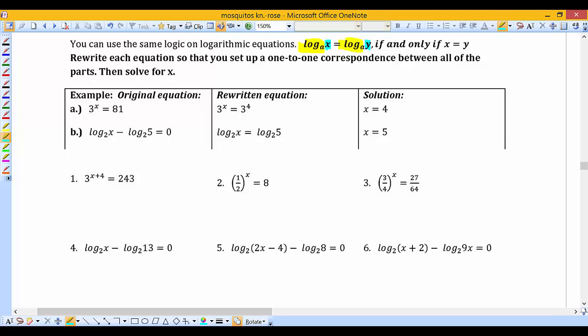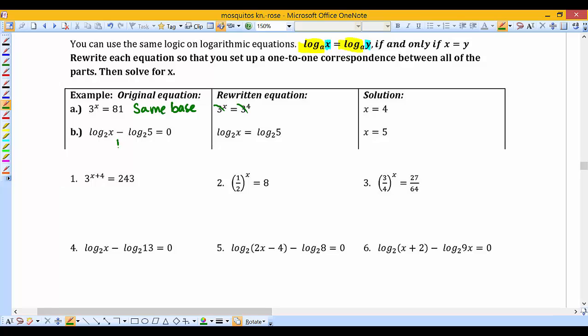So I want to briefly touch on A and B here in the examples. A should be review. You write these with the same base. Then you can ignore your bases and you're left with x equals 4. With the log, before you can cancel the logs, and this is where I've had students struggle in the past, they just see the logs and they immediately want to cancel things out.